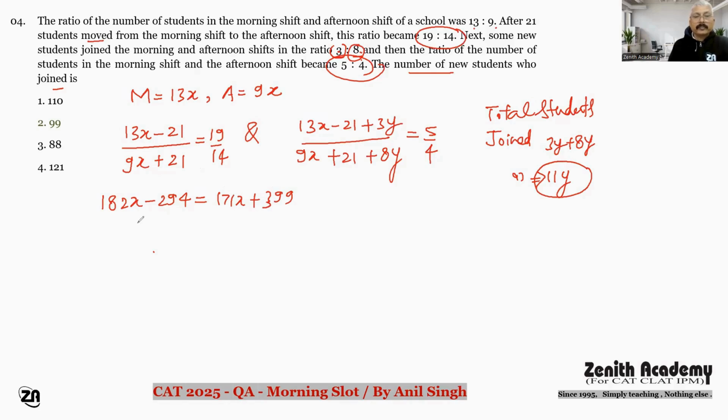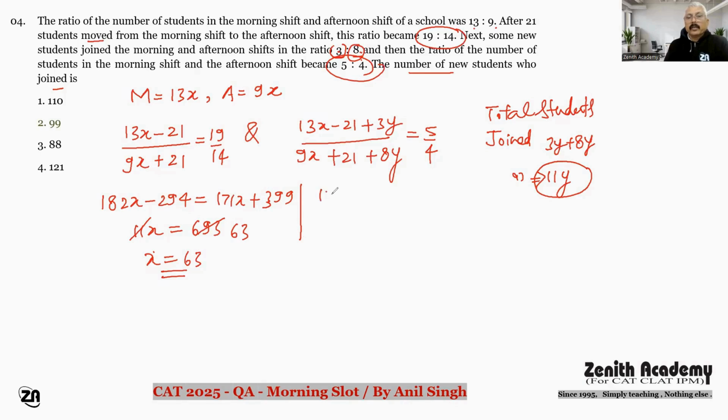Now simplify it. So this is 11x and this is 693. x is equal to 63. Now put this value x is equal to 63 here and then you can get the value of y.